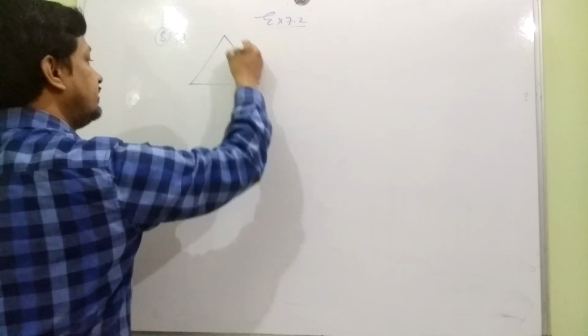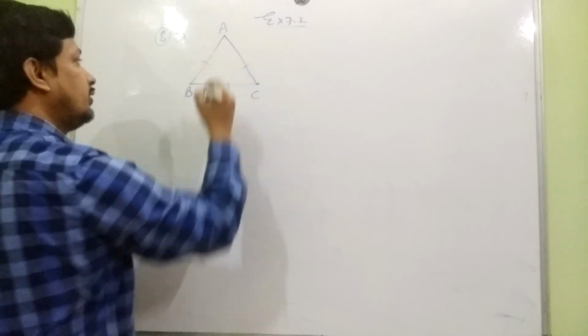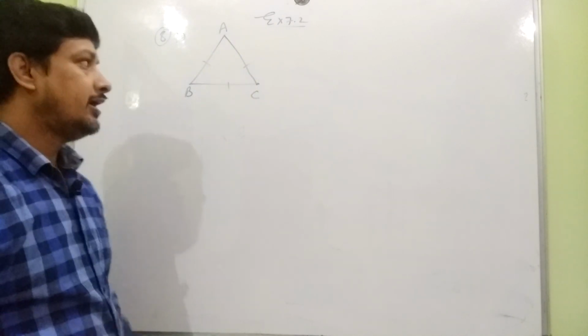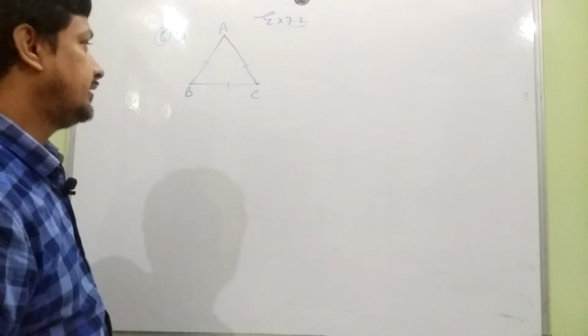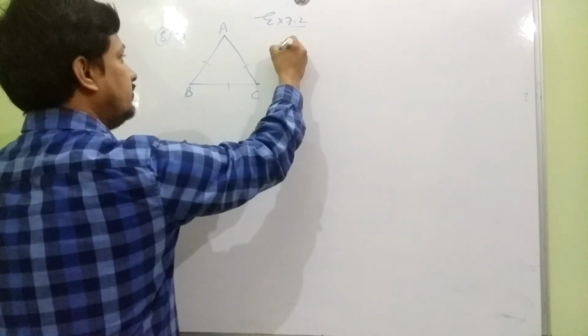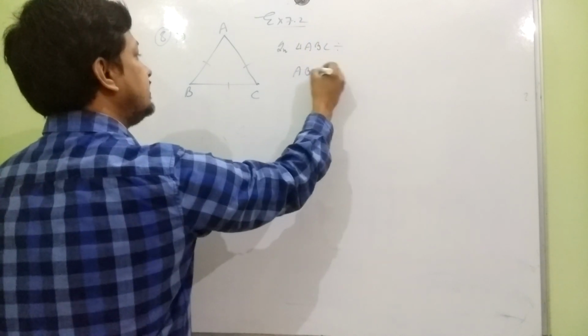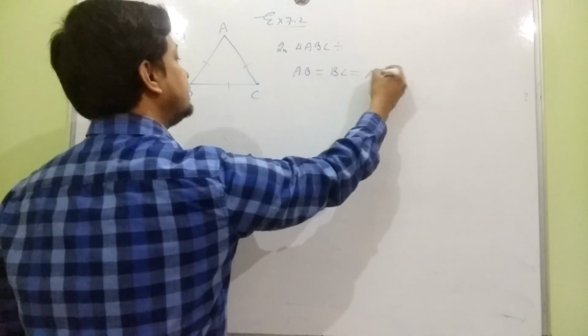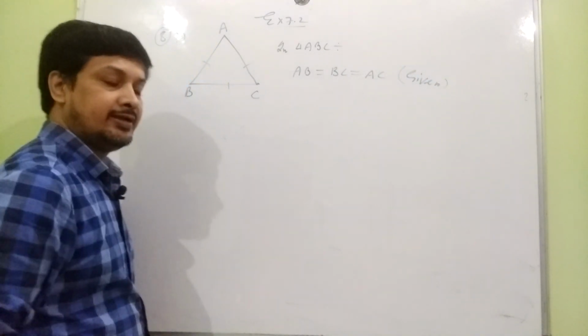ABC is an equilateral triangle. Equilateral triangle means all the sides are equal. So we have to prove that each of its angles will be of 60 degree. So first of all, we will write in triangle ABC, all the three sides AB, BC and AC are equal. It is given because it is an equilateral triangle.